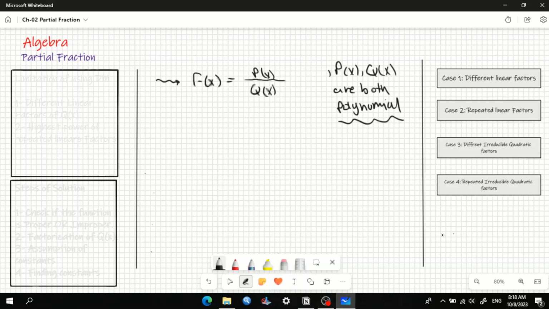Here we use the direct method to get the constants of the partial fraction of these functions, but there is some limitation of using the direct method.